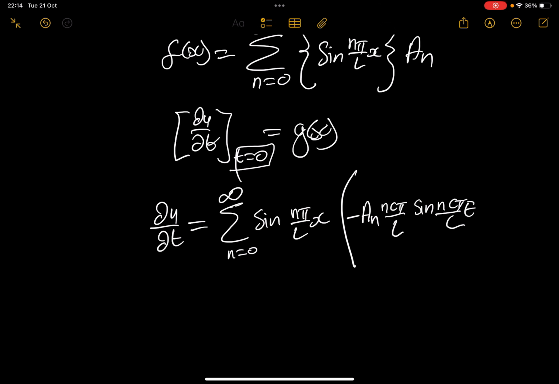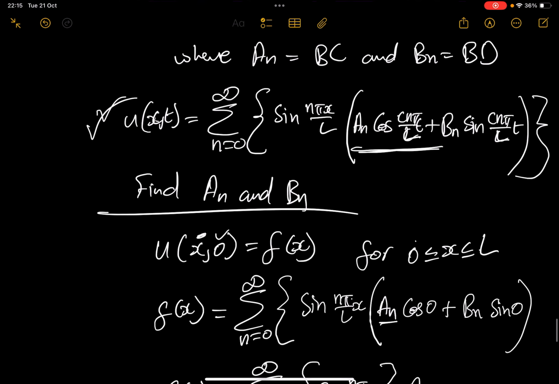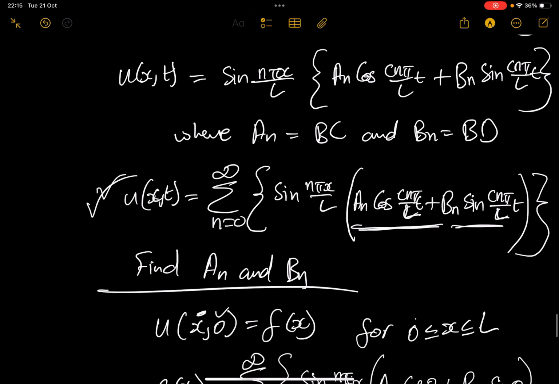But then we need to evaluate this t, because we know that t is what? It's 0. We said that t is 0. So if t is 0, this means it's going to be sine 0. And then differentiate this part.